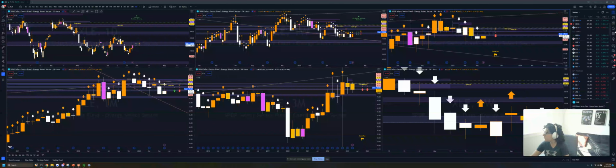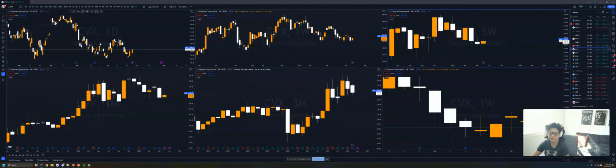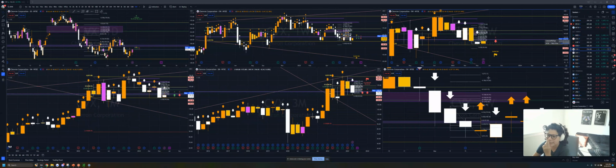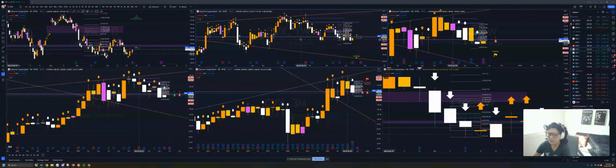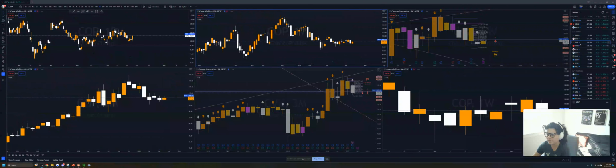And then within XLE, I start charting. I look at all the tickers and see which ones have the best setups, which ones are running with the sector, or which ones might be lagging or going the opposite way.